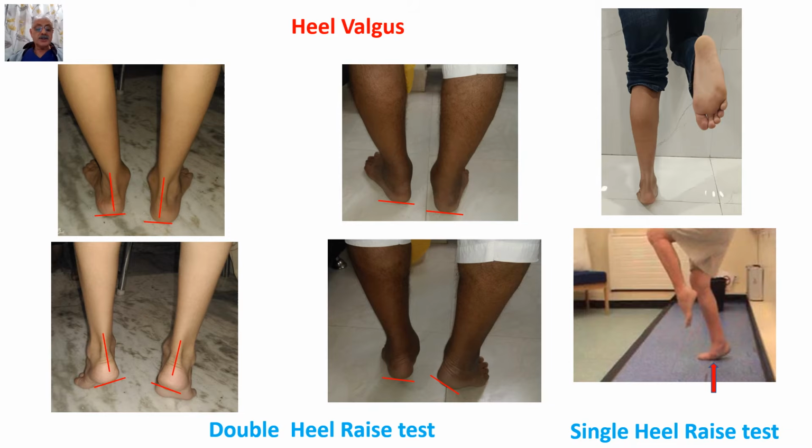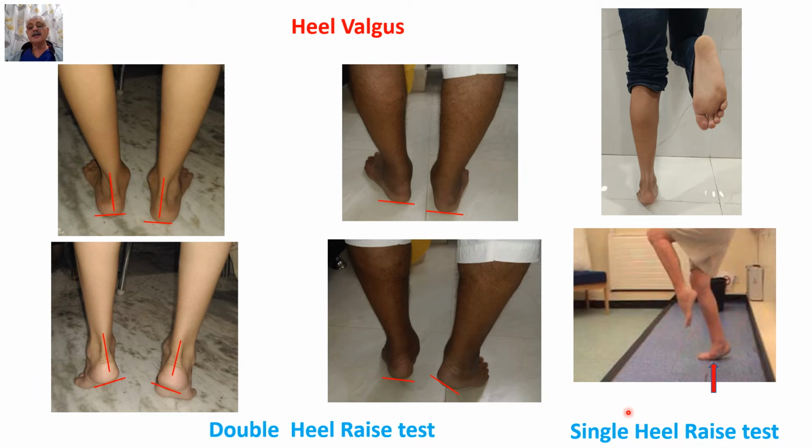If the patient is asked to raise the heel, in a normal person you will see the heel get inverted, but if the patient has a diseased posterior tibial tendon that is not competent, then the normal inversion is not possible on the heel raise test. Here you see on the right side the inversion is possible, but on the left side the inversion is not possible on the double heel raise test.